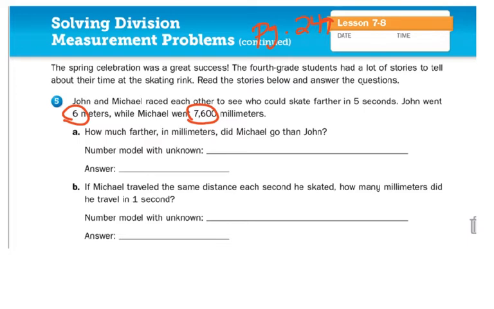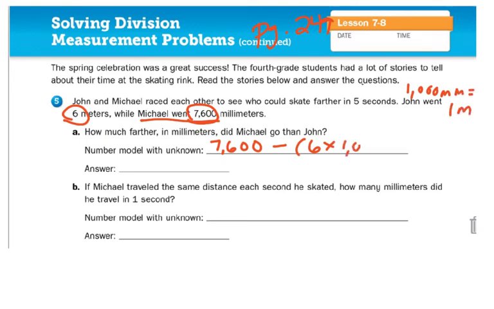So what I need to do is take 7,600, what Michael went in millimeters, and subtract what John went. So we're going to take the 6 meters, but we have to multiply that because there are 1,000 millimeters in 1 meter.